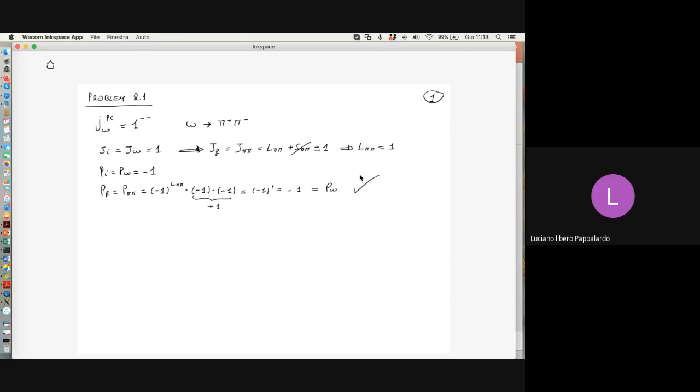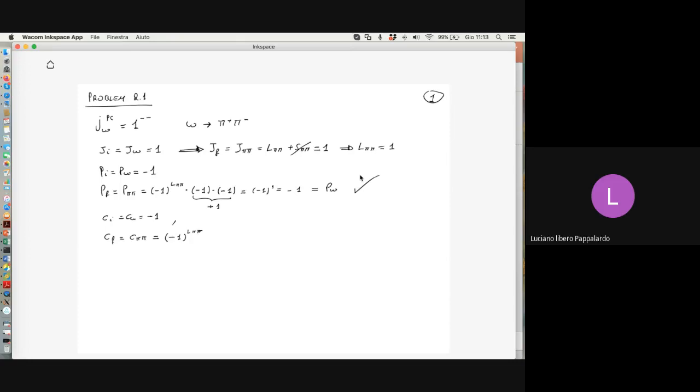What about now charge conjugation? Again, from the text, we know that the initial state charge conjugation eigenvalue is -1. In the final state, we have the charge conjugation of the two pion system. Okay, and since the pions are spinless bosons, if you remember from the last lesson, this must be equal to (-1) to the L of pi pi.